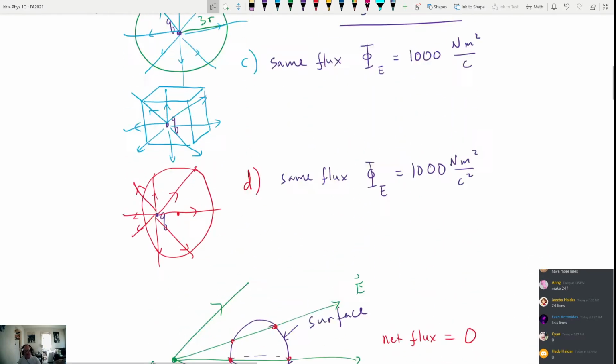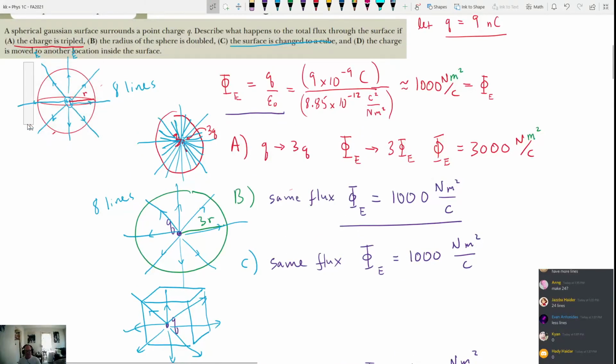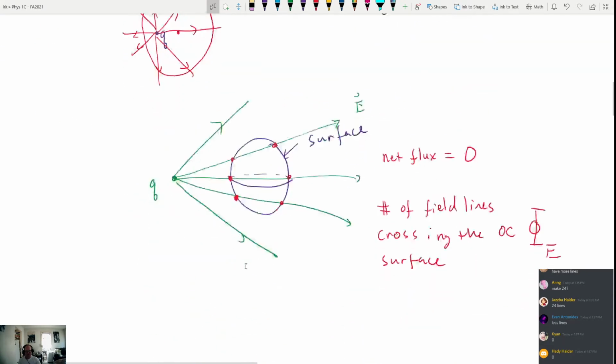That's why I set up here that if there's 8 lines out here and I make the object 3 times as big, you're still going to have 8 lines because they're all going to go out forever. When the object has no charge inside, in this case the net flux is 0 because any line that enters on the left side also goes out on the right side. So any line that comes in also goes out, then you're going to get a net flux of 0. Okay, does that make sense? This is all just basically a review of what we did last time with some extra details that I'm adding in. You'll have a good understanding of what electric flux is.